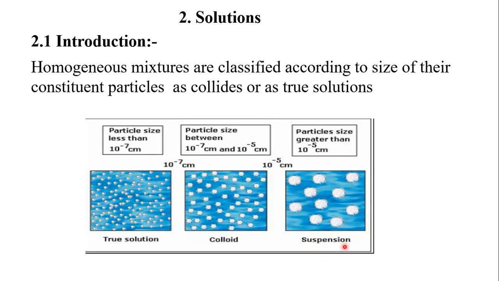So such solutions are called suspensions. And if you add sugar in water, you cannot observe the particles. So it is an example of a true solution. And if you add starch powder in water, then the starch particles or powder is suspended in the solution.